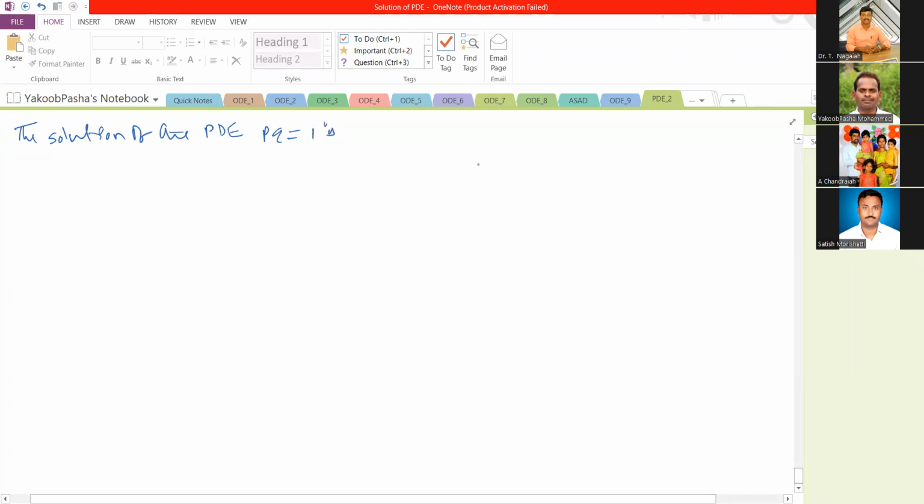Option 1: a square x minus y minus az is equal to c. Option 2: a square x plus y minus az is equal to b.